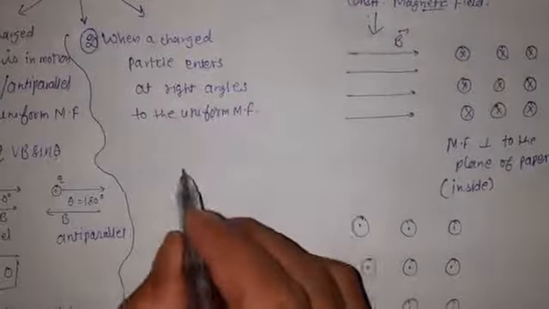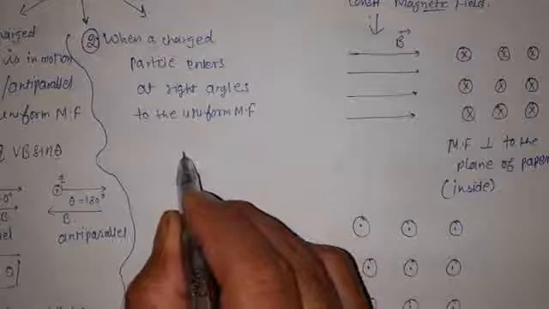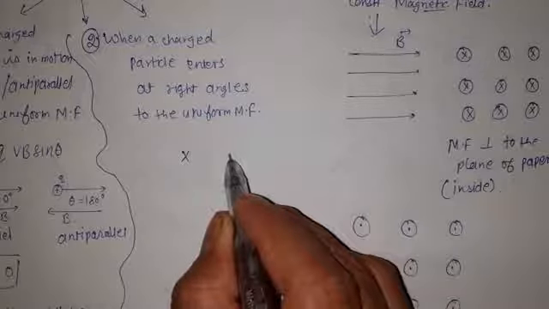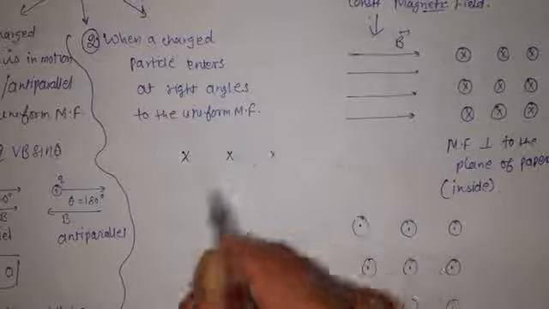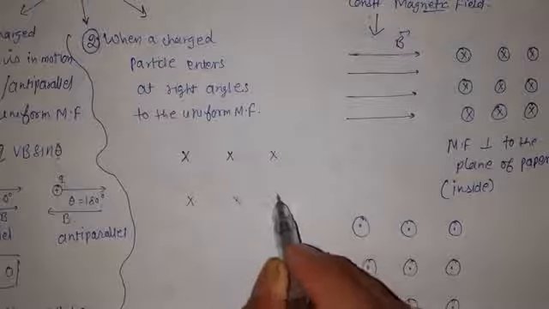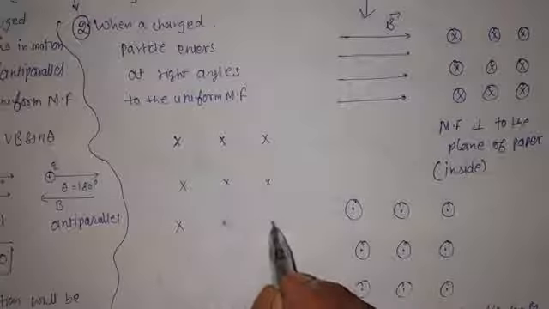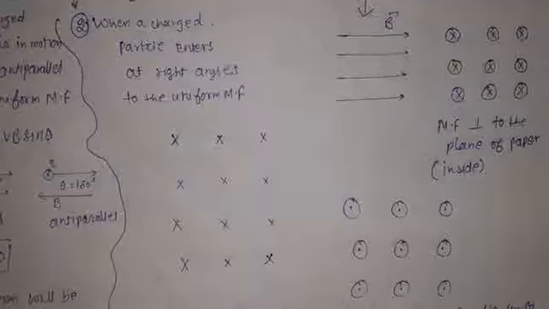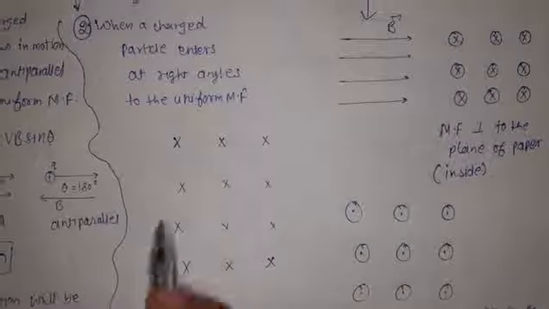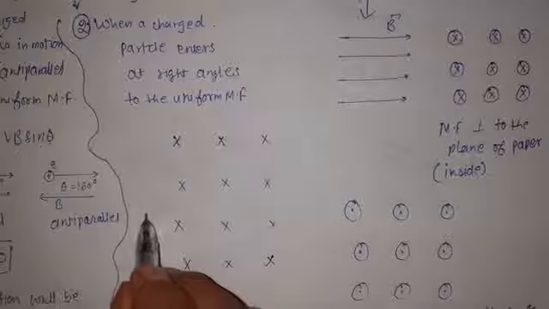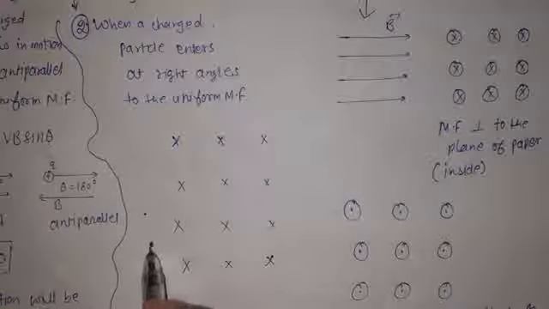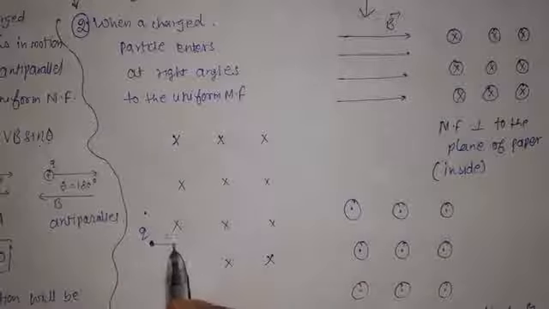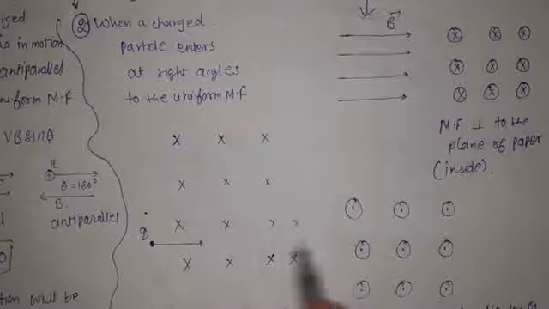Now let us suppose there is a uniform magnetic field. How do we show a uniform magnetic field which is inside the plane of the paper? This is shown with the cross sign. This is the uniform magnetic field which is perpendicularly into the plane of the paper. Let us suppose this is the charge and it is a positive charge, so it enters along this line toward the right side.